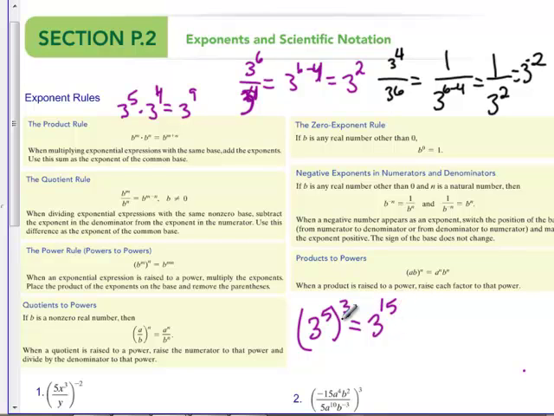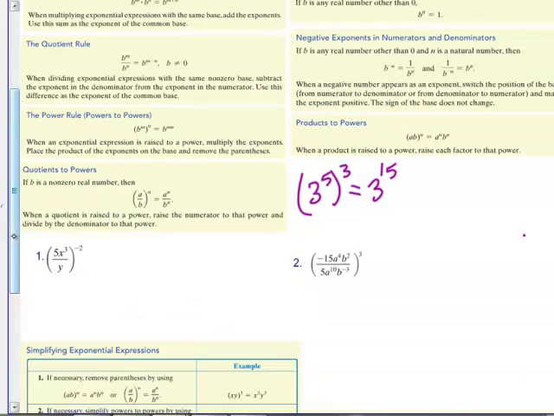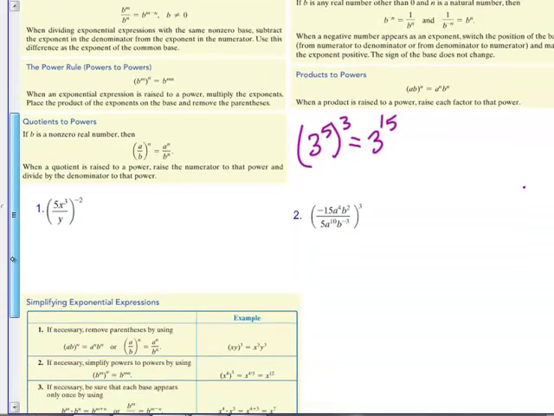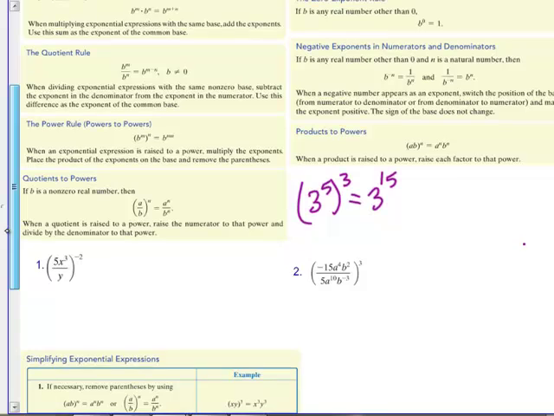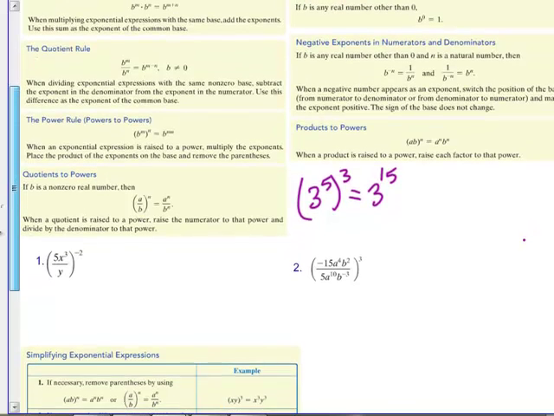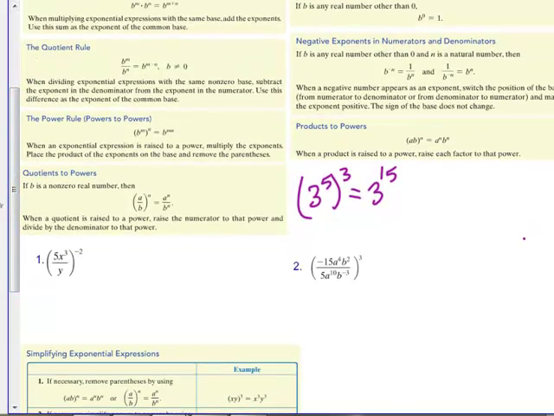Because what this is saying is 3 to the 5th times 3 to the 5th times 3 to the 5th. So that's what 3 to the 5th cubed actually means. If those start to confuse you, write them out. It's better to take an extra 45 seconds and get it right. Oh, and any number besides 0 to the 0 power is going to give you 1.